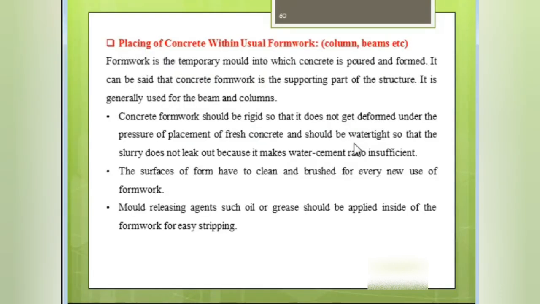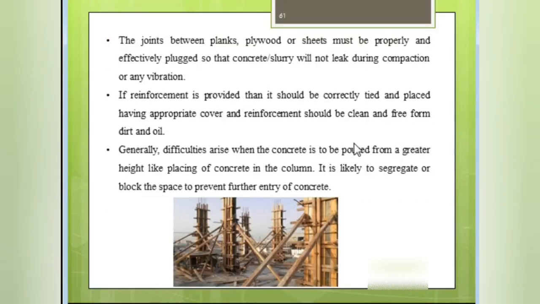Then placing of concrete within usual formwork, that is, for column, beam, and slab. Okay, so this is our general construction purpose. In that one, we should take care that the formwork joints are well sealed so that our cement paste will not leak from there.